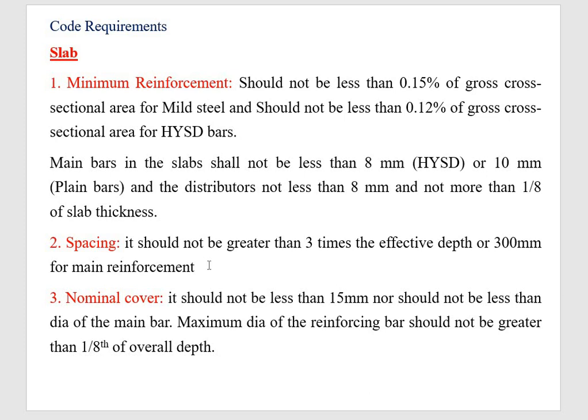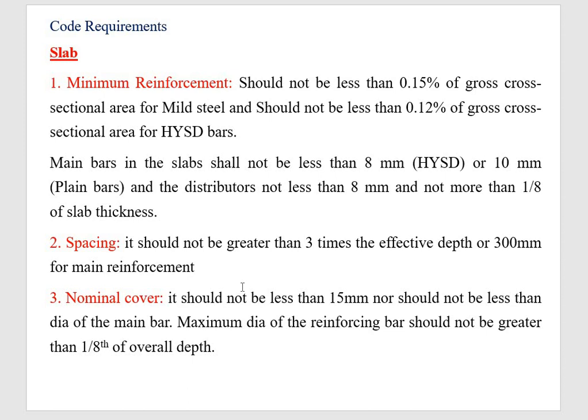Always in between these two values, we should consider the lesser value for spacing. Okay, keep this in mind, it's important. For spacing, always we go for the lesser value.